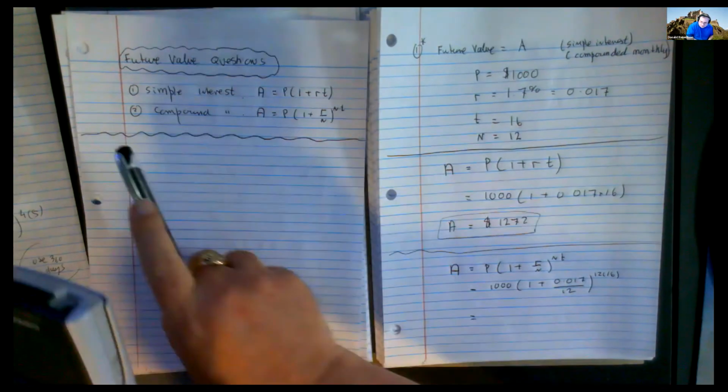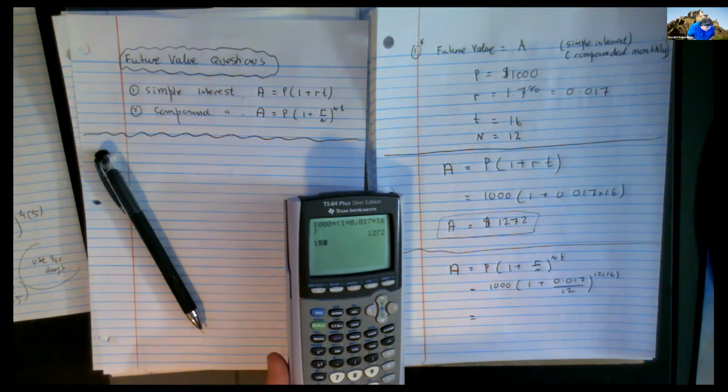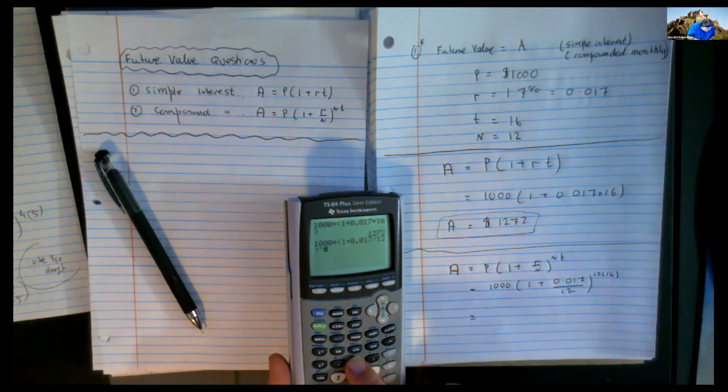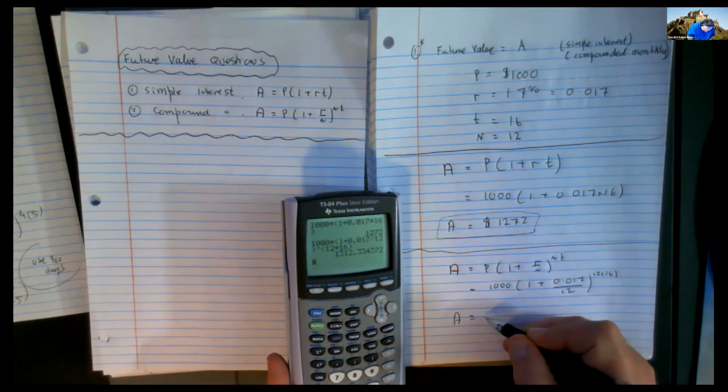Again, I'll get my calculator, but this time it's going to be a bit more messy. 1,000 times a bracket, 1 plus the interest rate as a decimal, divided by 12, close the brackets, raised to the power, and I would put a bracket around that for safety and do 12 times 16. And we now get more money.